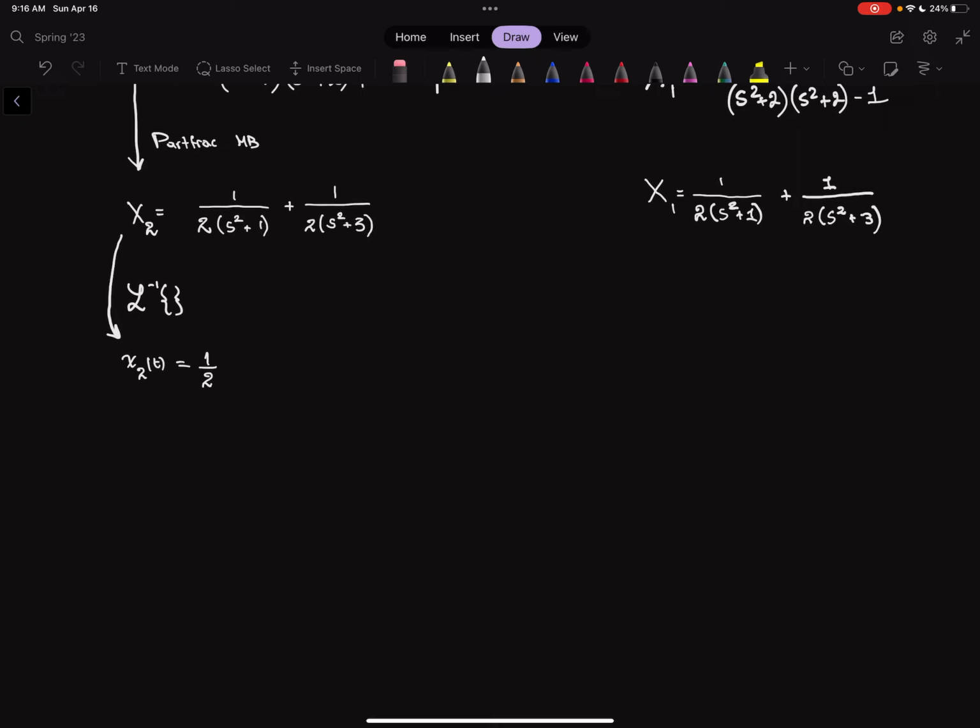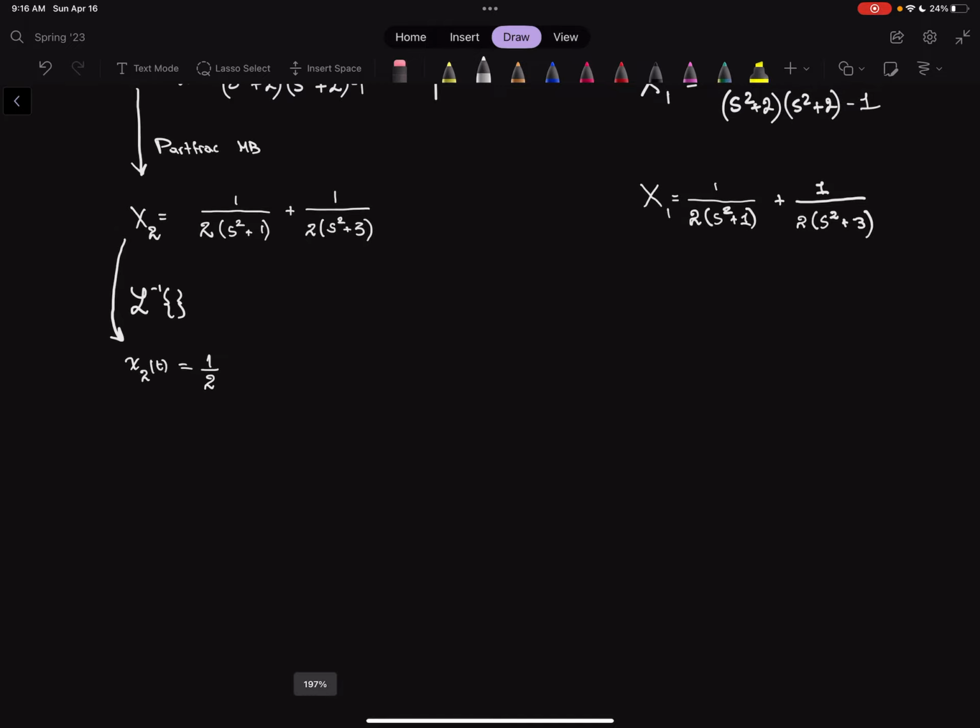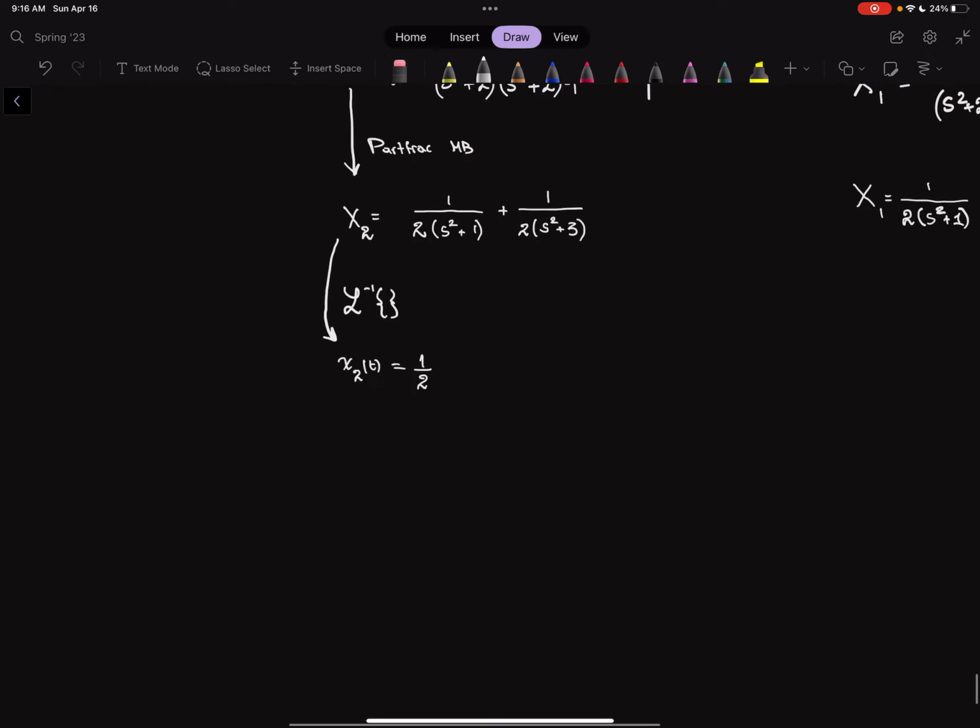And then I want to look at, I have some sort of Laplace table, and I have a 1 over s squared plus something. In the Laplace table, I have these two entries.